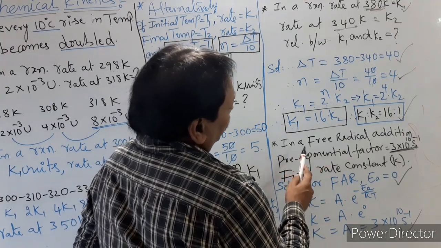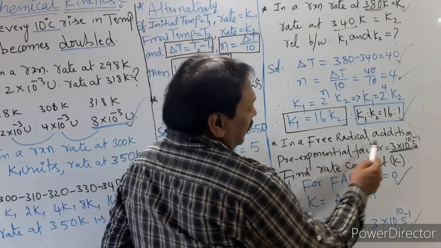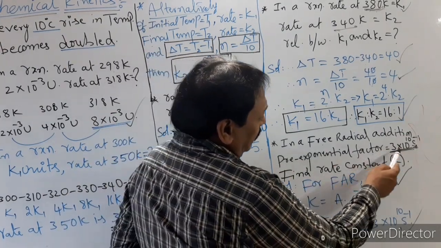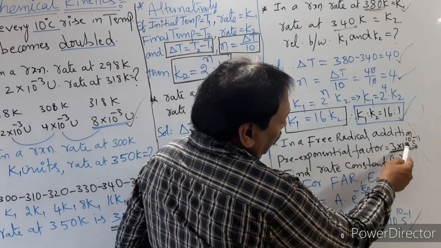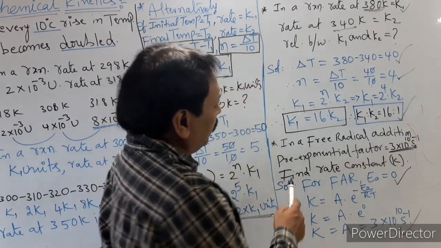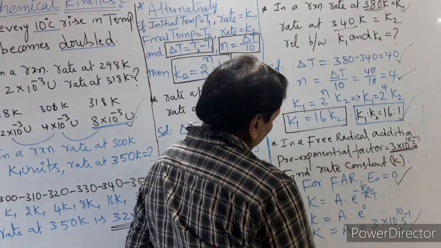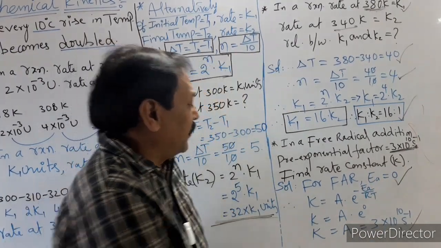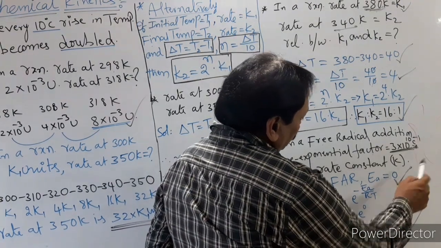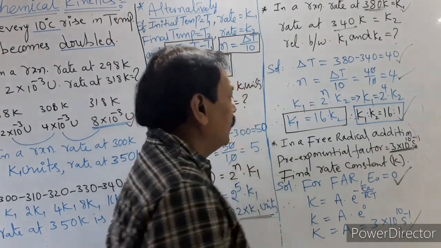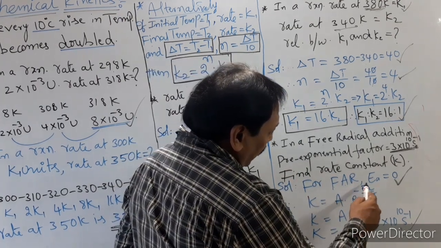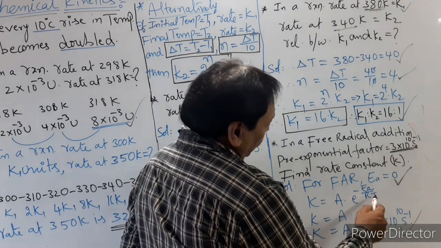Next problem. In a free radical addition reaction, the pre-exponential factor is 3 into 10 power 10 second inverse. Find the rate constant K. For a free radical addition reaction, activation energy equal to 0. According to Arrhenius, K is equal to A into e power minus Ea by RT.